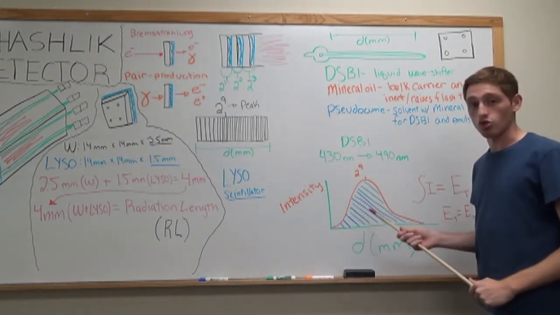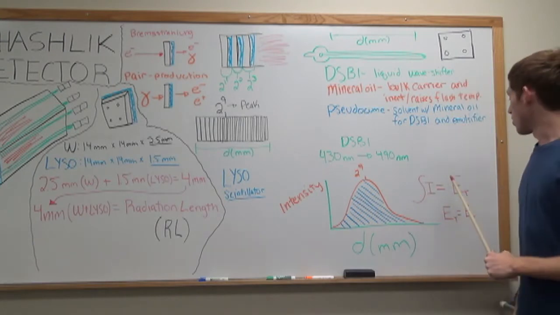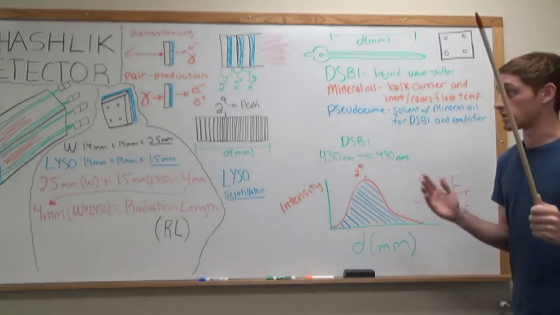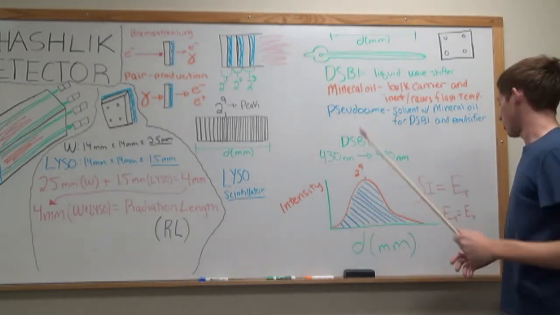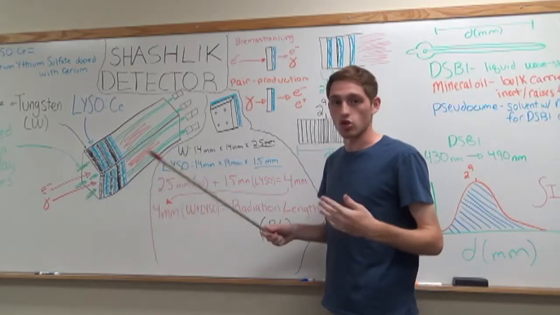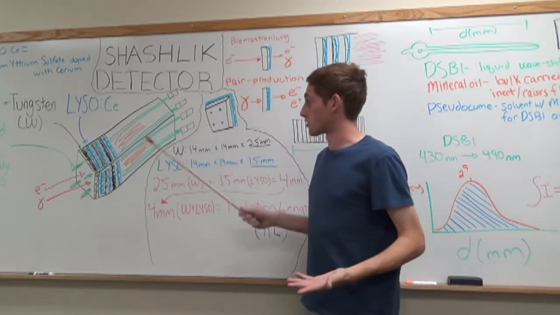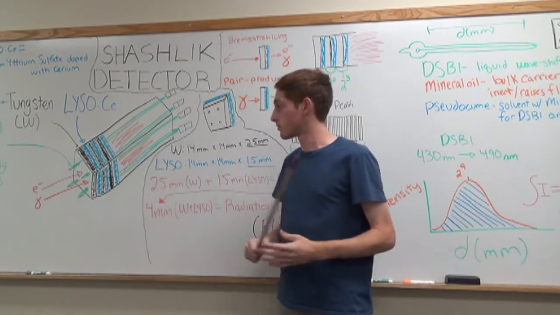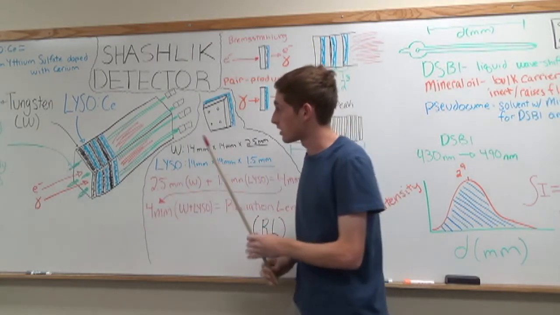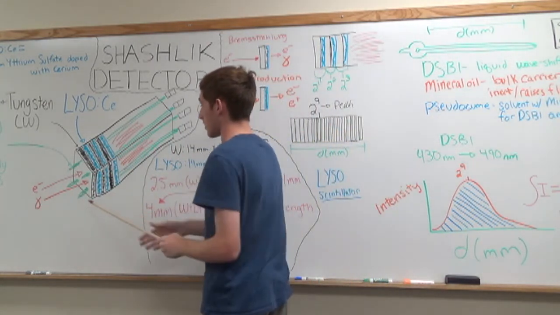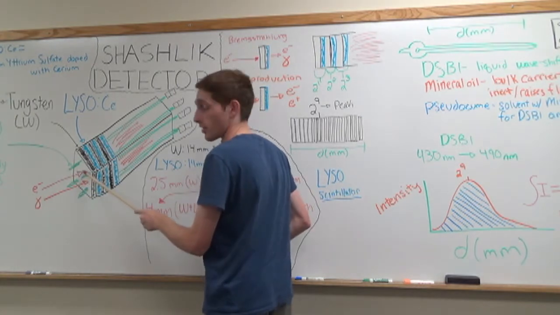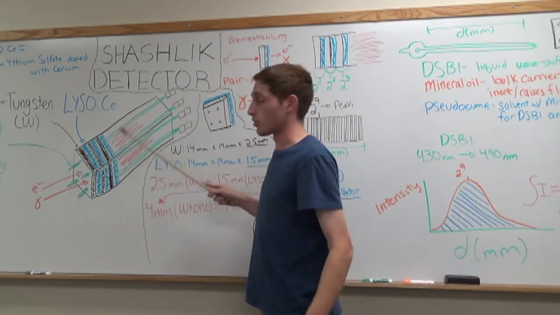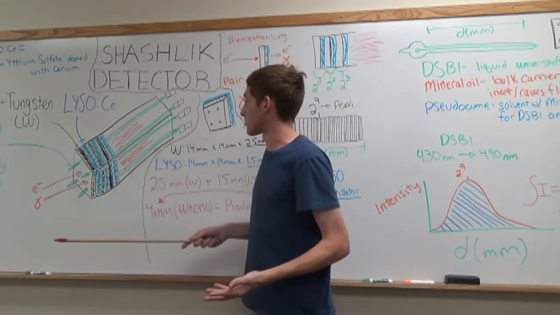And when we take an integral of this curve, we can get the total energy of all the particles together from this electromagnetic shower. And the total energy of the particles is equal to the initial energy of this initial particle. And so, when this electron or photon first collides with this tungsten plate, it will create an electromagnetic shower through Bremsstrahlung or pair production.